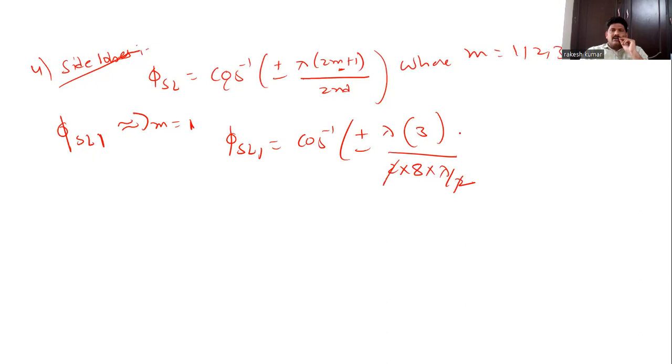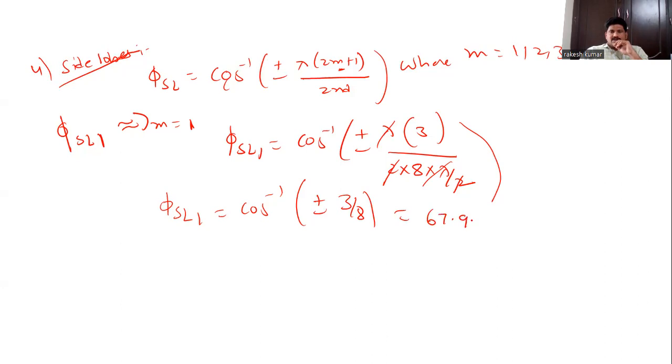So 2 will get cancelled, lambda will get cancelled. So phi SL1 is equal to cos inverse of plus or minus 3 by 8. What is the value of cos inverse of plus or minus 3 by 8? Its value is 67.97 degrees for plus, and for minus it is 112 degrees.